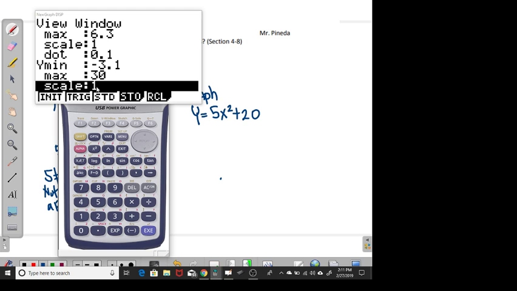Now, the scale is not going to be 1, 2, 3, because we're going to go all the way to 30. So maybe I'll do it every 10, 20, 30. Okay, so I'll do 10 for the scale. I changed only 2 numbers in the window. I changed the maximum Y to 30, and I changed the scale to 10. So it does not go one by one.